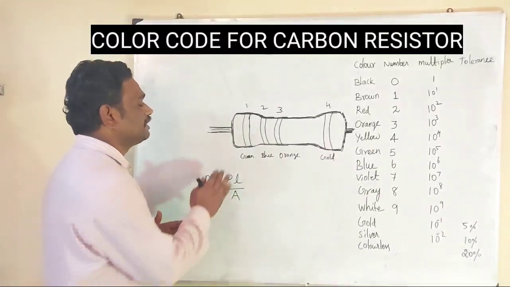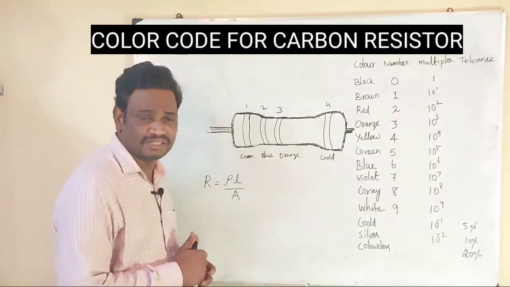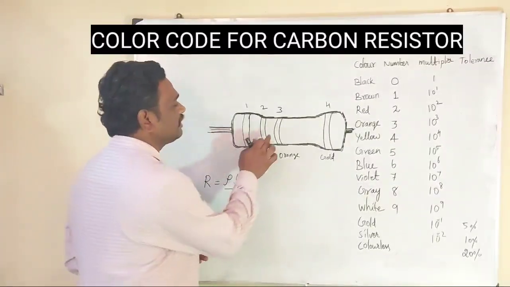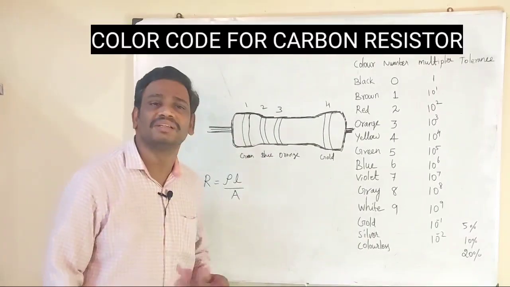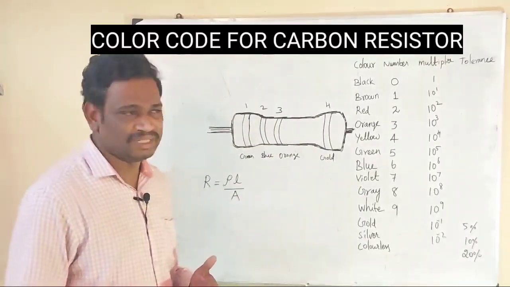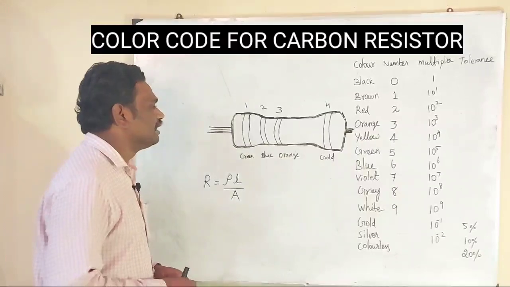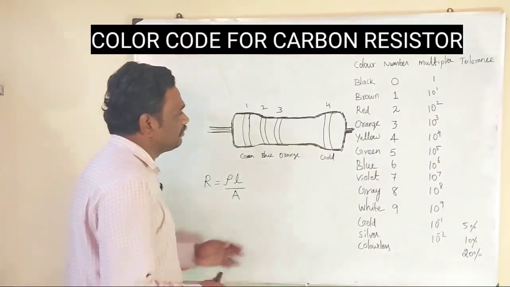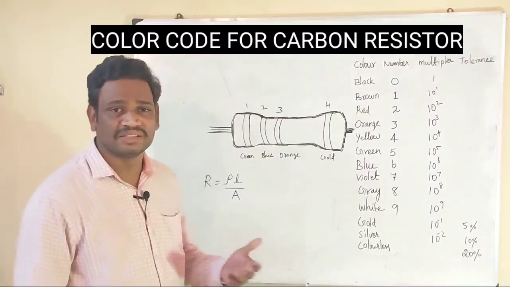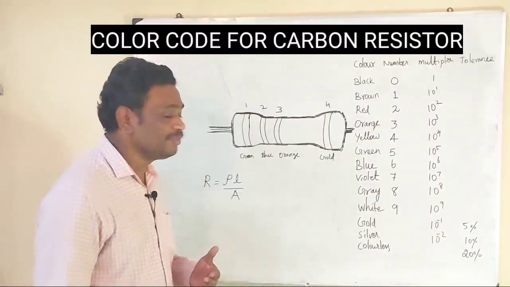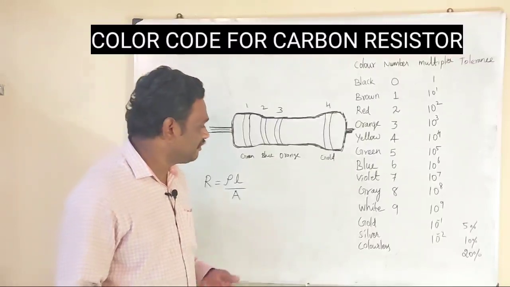The third ring gives a decimal multiplier. And the fourth ring is the tolerance. It gives the variation in resistance, how much the resistance value may vary from the specified value.